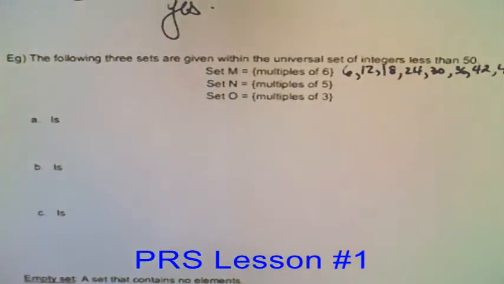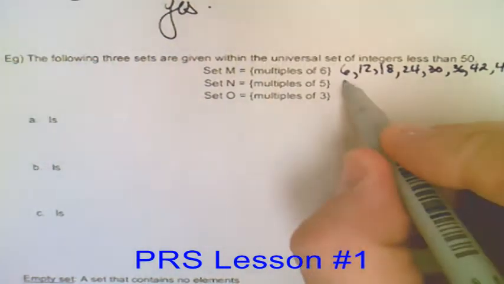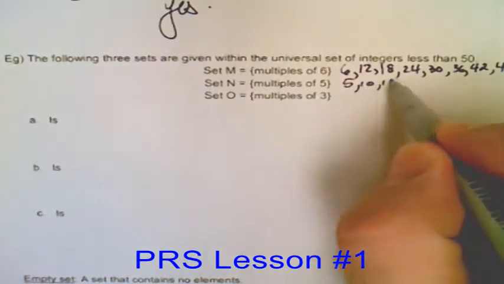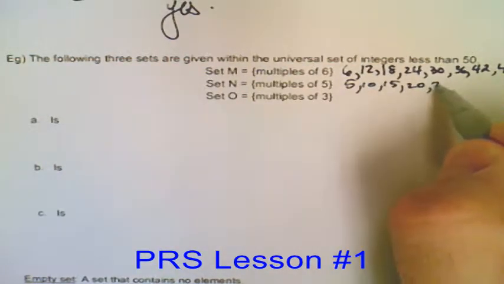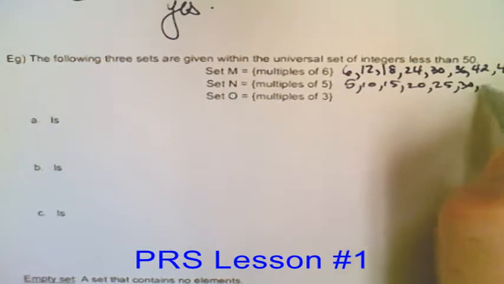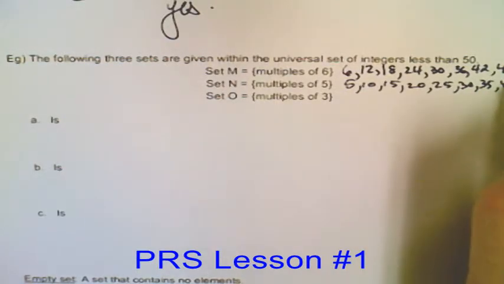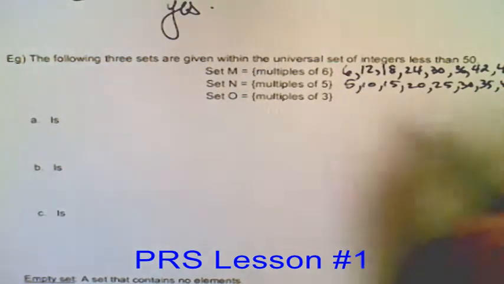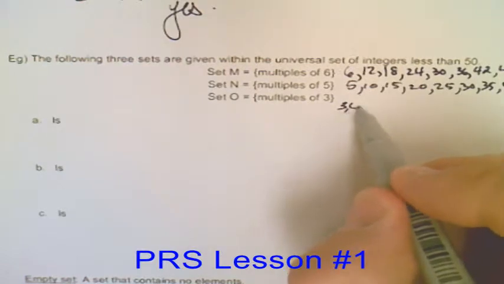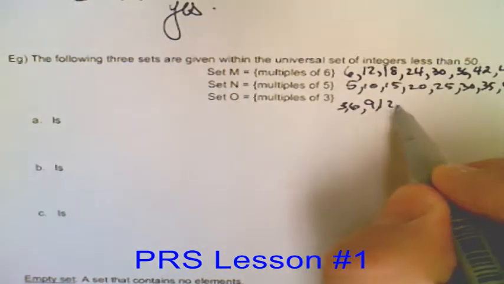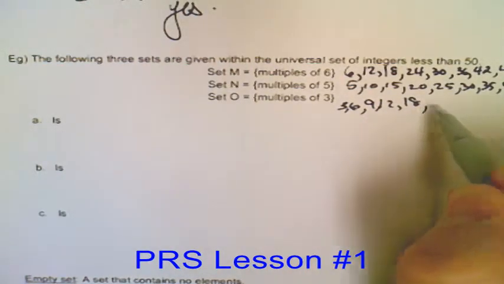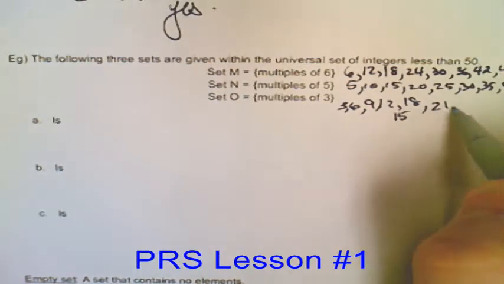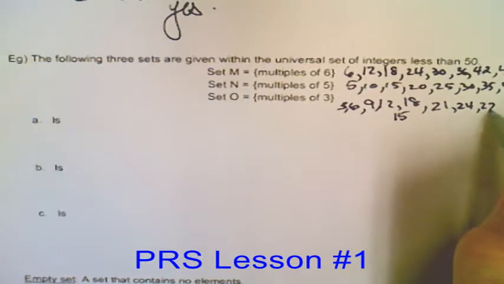You could write this out. M is 6, 12, 18, 24, 30, 36, 42, and 48. And that's it. That's what's in M. Then N, you've got 5, 10, 15, 20, 25, 30, 35, 40, and 45.